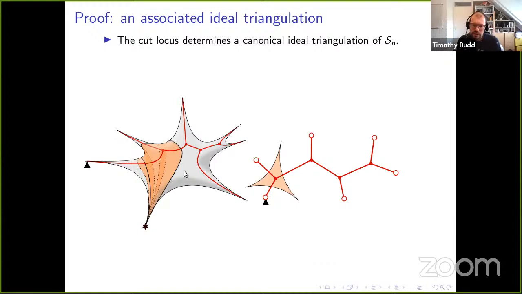And what it does is it produces a triangulation. So for instance, dual to this red vertex, we have 3 geodesics that form the sides of an ideal triangle in the hyperbolic surface. Now, we can also look at the neighborhoods of a cusp.